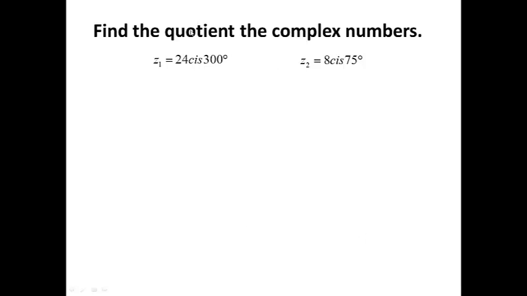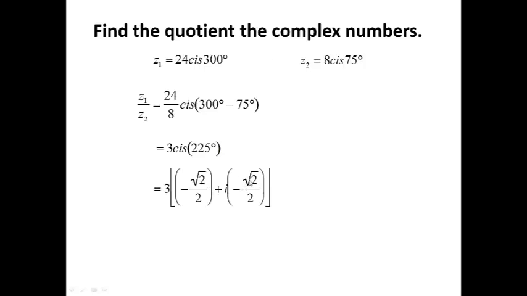Okay, now we're going to do a quotient. We're going to divide z1 by z2. That's 24 divided by 8. Subtract the angles, 375 minus 150, I get 225. And then finding that on my unit circle, distributing the 3, I get that.